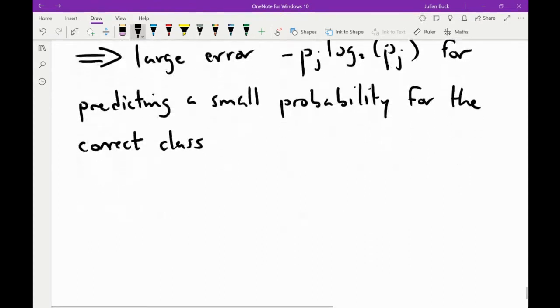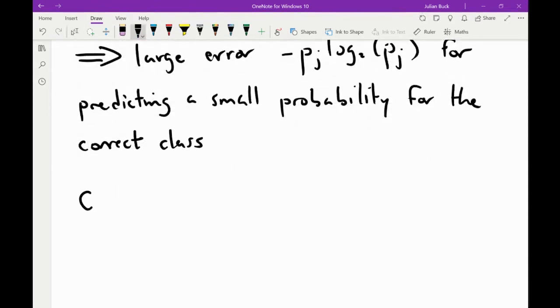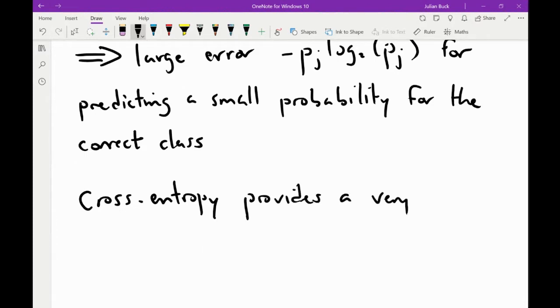Okay. All right, so the point then is that cross entropy, once you've figured out that that's how it's working mathematically, provides a very intuitive interpretation of the classification error.